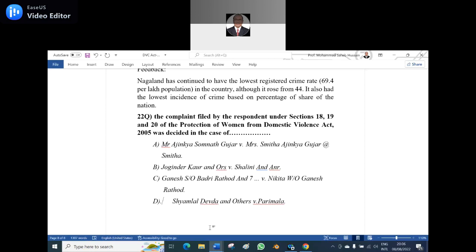This case says there was a complaint under sections 18, 19 and 20 of the Domestic Violence Act. She went to her father's house in Bangalore and stayed over there for some time, but she did not turn up.